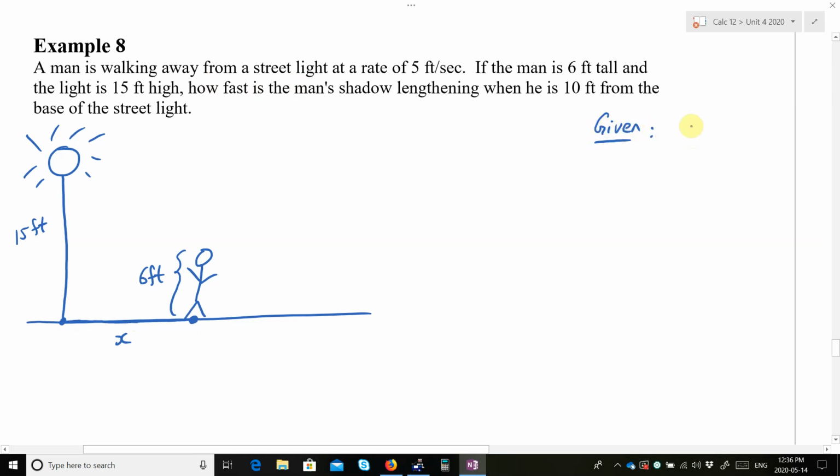So here's what we are given so far: the change in x with respect to time is 5 feet per second. The man is 6 feet tall, the light is 15 feet high. How fast is the man's shadow lengthening?